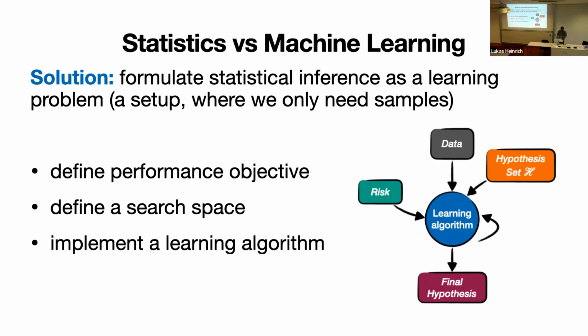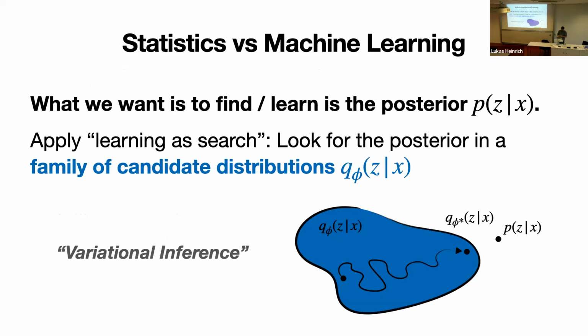Let's start with the search space. We want to find or learn the posterior P of Z given X. We don't know what it is, and we cannot use Bayes' theorem to derive it, but it's some object that is out there. So we apply the learning-as-search paradigm that we discussed last week.